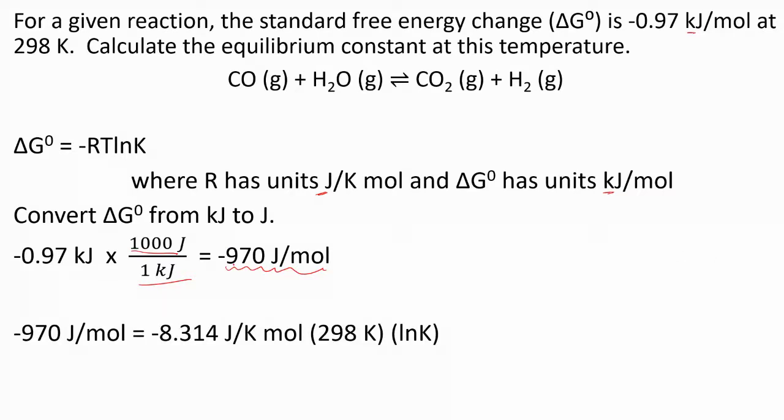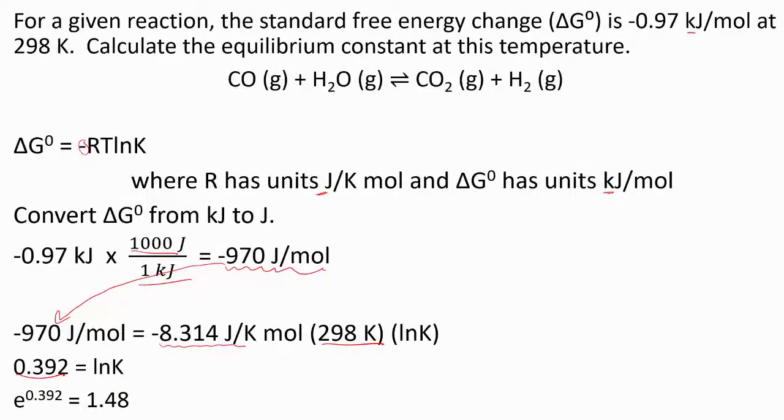So we plug that value into our delta G. Our R is 8.314 joules per mole Kelvin, and it is a negative R, times the temperature, which is 298 Kelvin, and then we're going to take the natural log of K. So when we solve, we get 0.392 equals the natural log of K, and then to solve for K, we're just going to do e to the exponent of our value, 0.392.